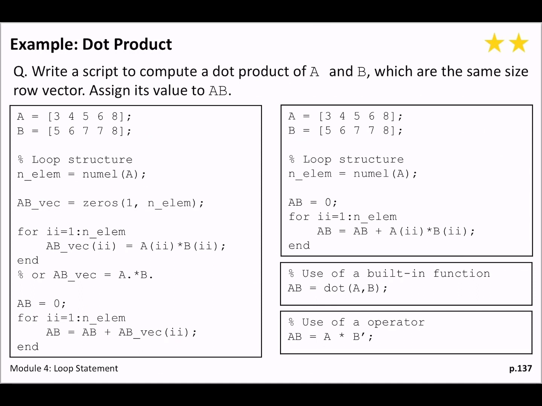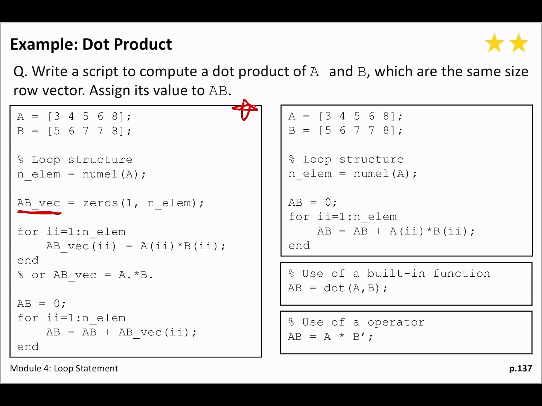Based on what we learned, we can perform the element-wise operation using the loop statement. First, take a look at this script. We make a vector ABVec to assign the values of the element-wise operation.